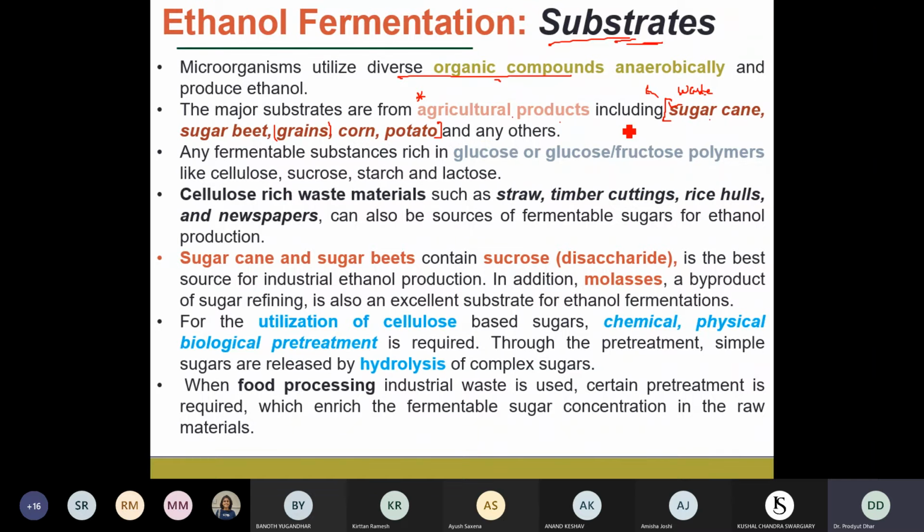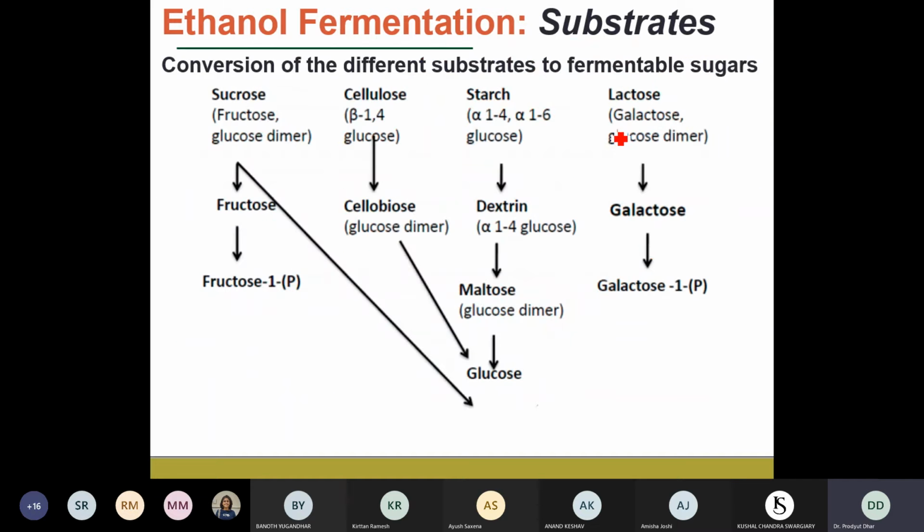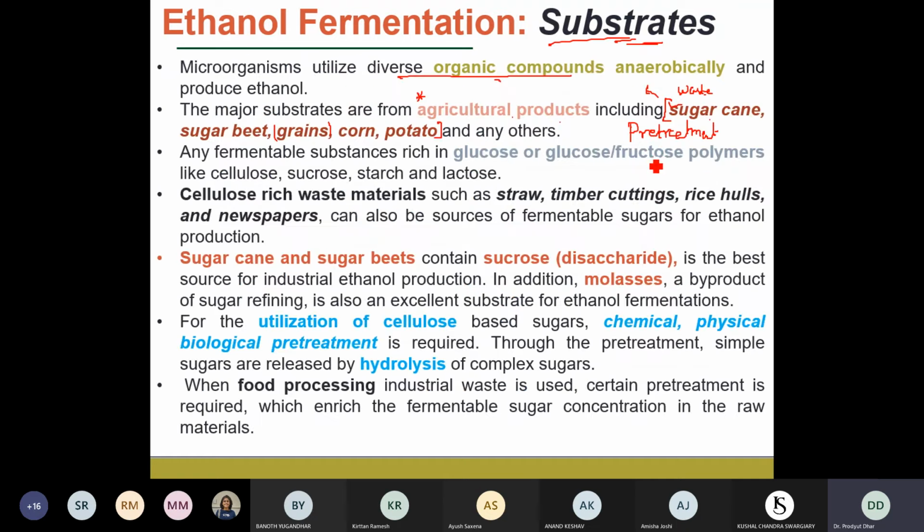All this waste can be used as a carbon source, as a substrate. But it requires some sort of pre-treatment, so it cannot be used directly as a source of food. So they require different pre-treatments, and we'll look into the different pre-treatments in the next slide.